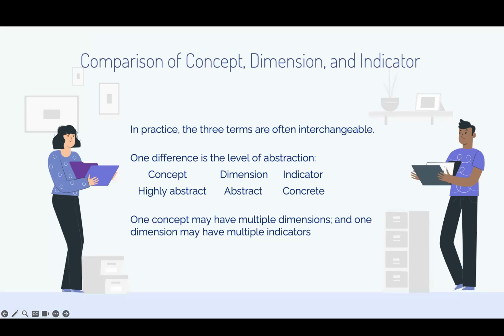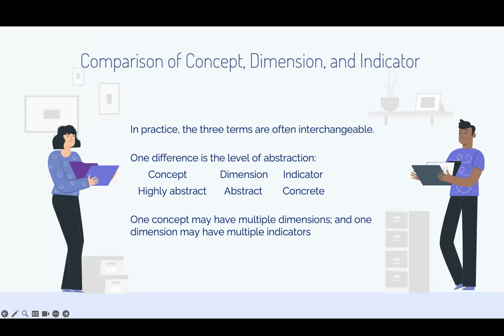Indicators are concrete, observable measures that signify the presence or extent of the dimensions we are interested in. They bring your concept into the realm of the tangible. For social connections, an indicator might be the frequency of interactions with friends or the number of close friends an individual reports.